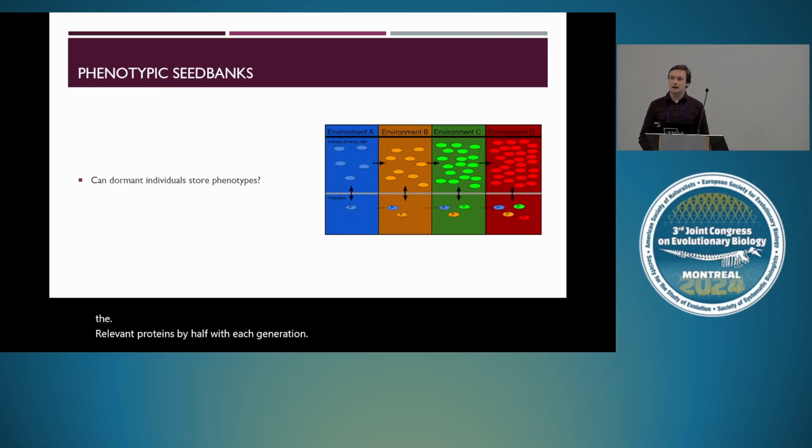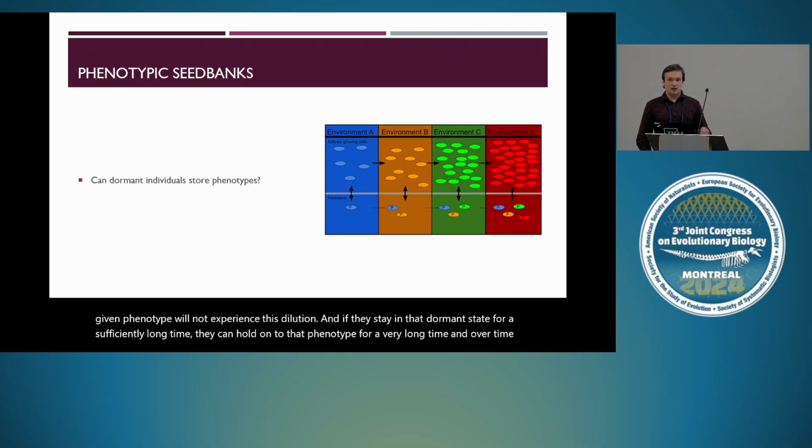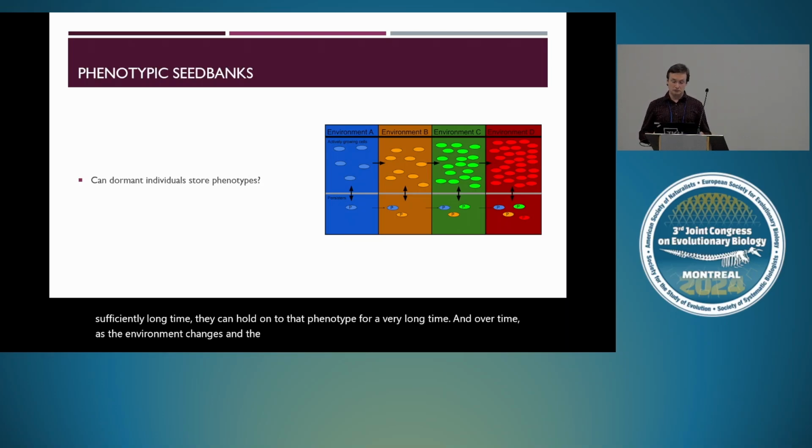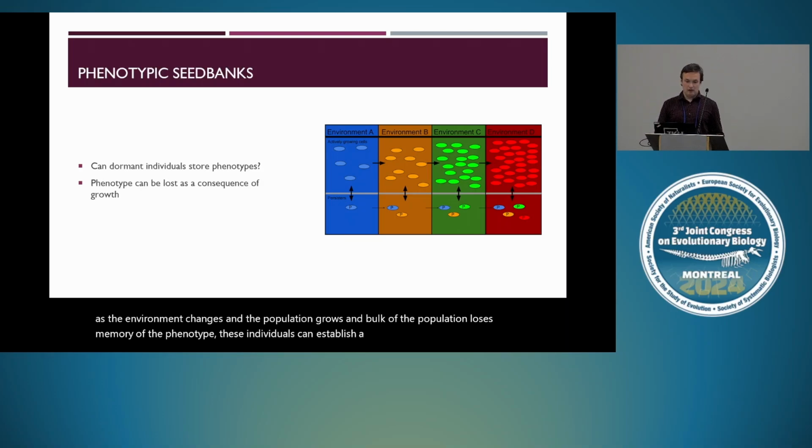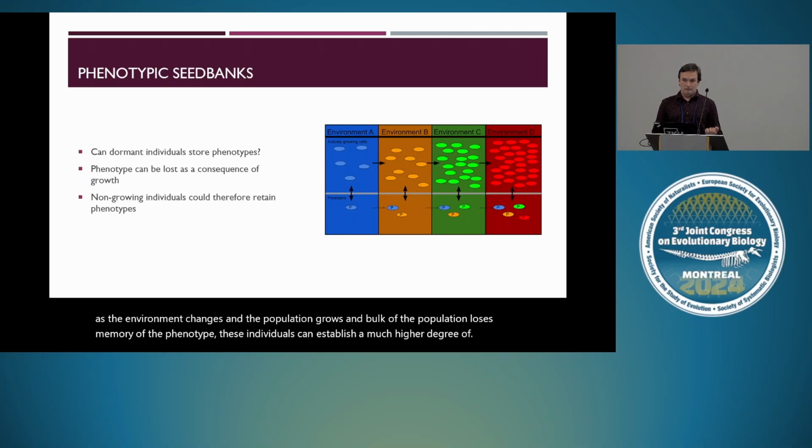And so an individual which goes into a dormant state while expressing a given phenotype will not experience this dilution. And if they stay in that dormant state for a sufficiently long time, they can hold on to that phenotype for a very long time. And over time, as the environment changes and the population grows and the bulk of the population loses memory of this phenotype, these individuals can establish a much higher degree of phenotypic diversity within the population as a whole.